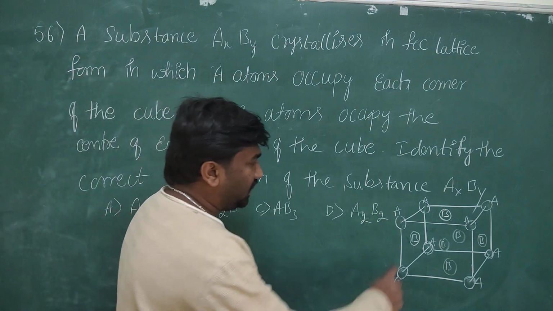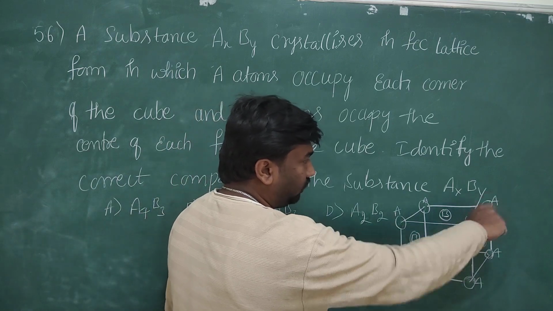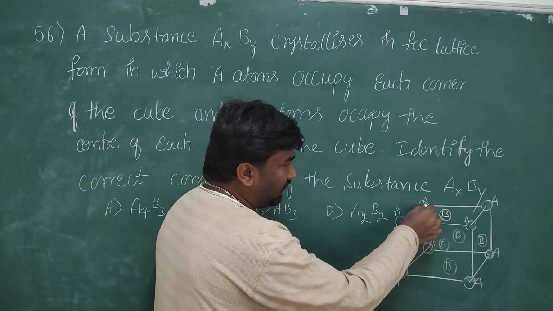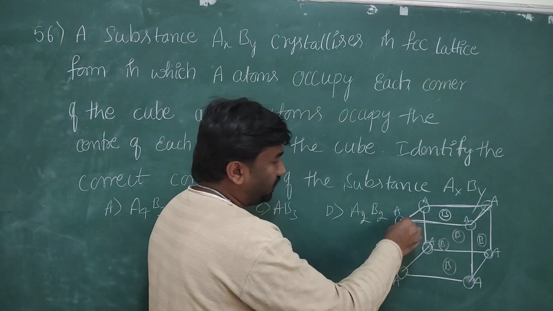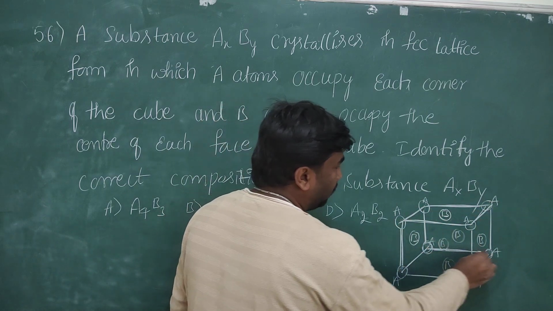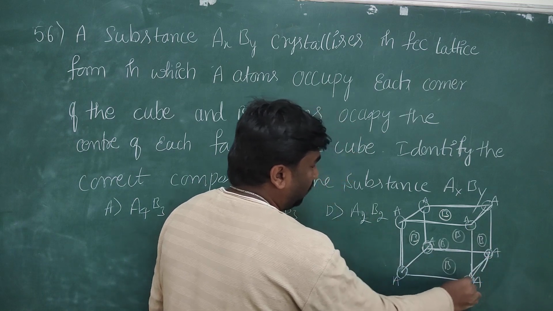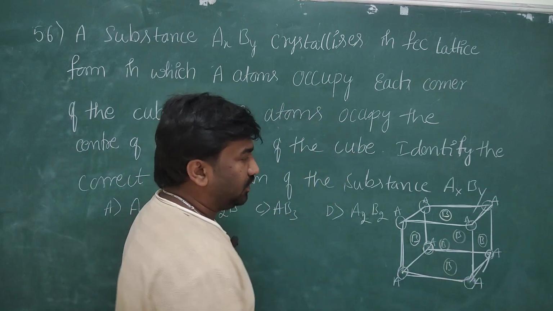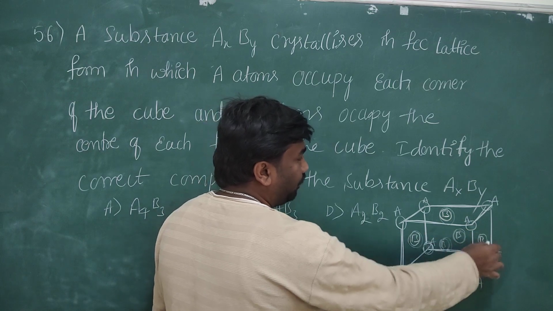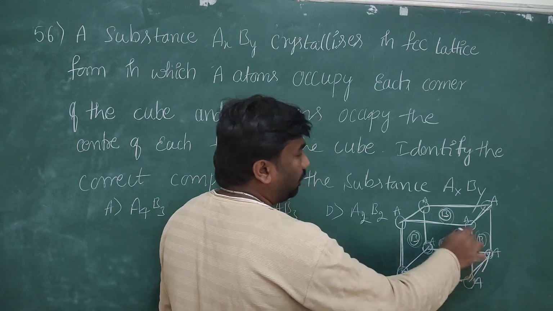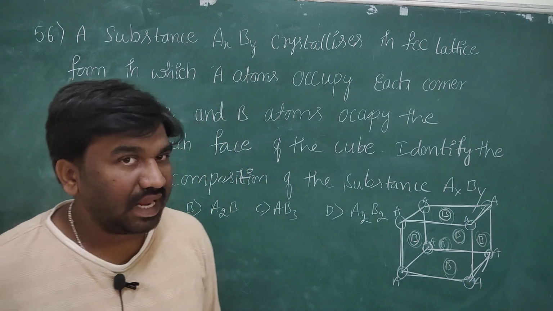See, for example, this is our cube. These are our corner atoms, which occupy A type lattice, and the faces of the cube are occupied by B type lattice.